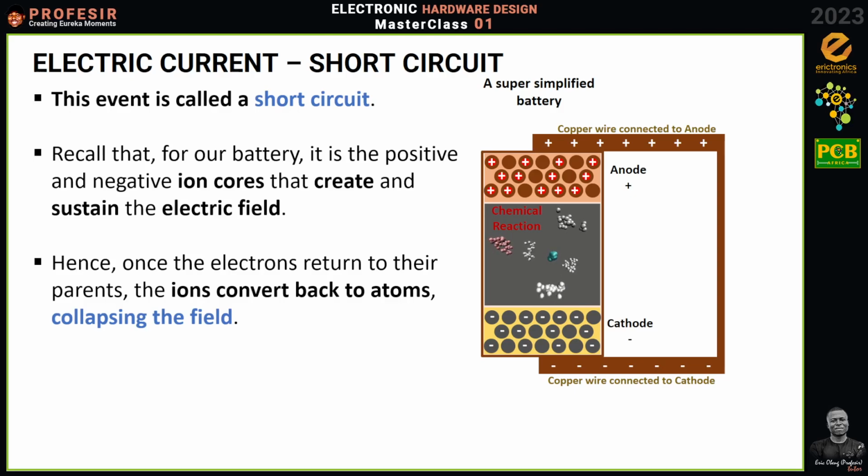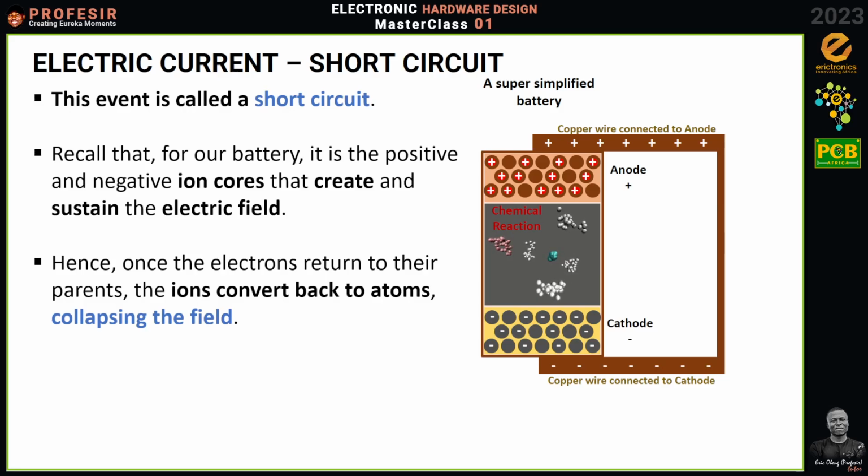That means the negative side is losing those extra electrons and becoming atoms. When these extra electrons go back to their parent atom, it will neutralize their charge. But we need these charges to maintain or sustain the electric field, right? So a short circuit ends up collapsing the field.